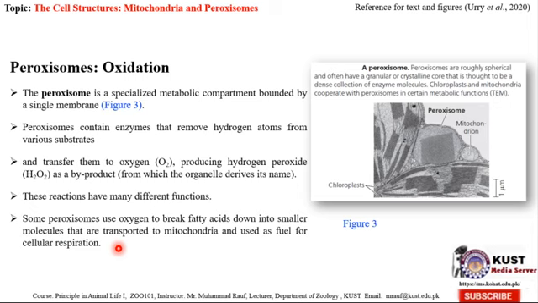Remember that the beta oxidation of fatty acids gives acetyl coenzyme A, which enters into the Krebs cycle. So peroxisomes break fatty acids into smaller molecules and then deliver them to mitochondria, where they are incorporated into the Krebs cycle through their derivative acetyl coenzyme A.